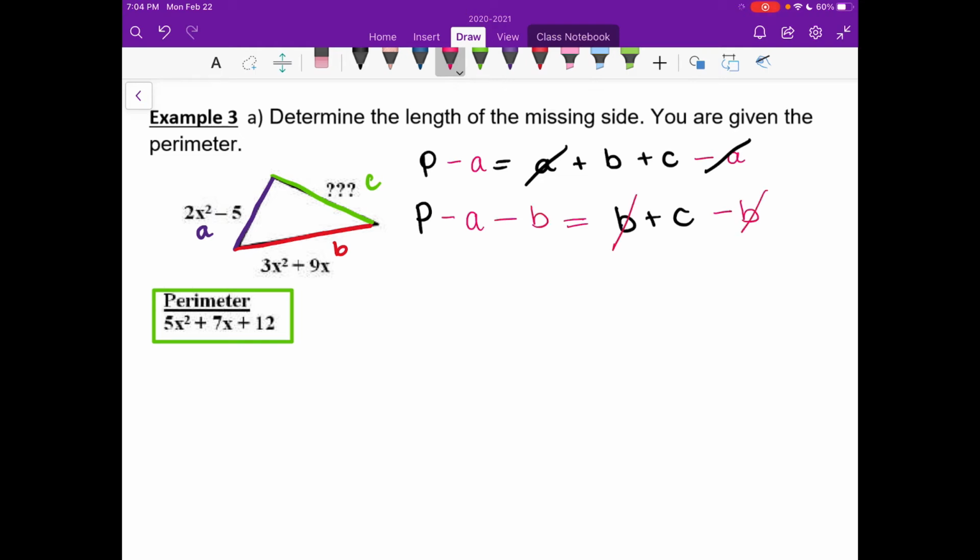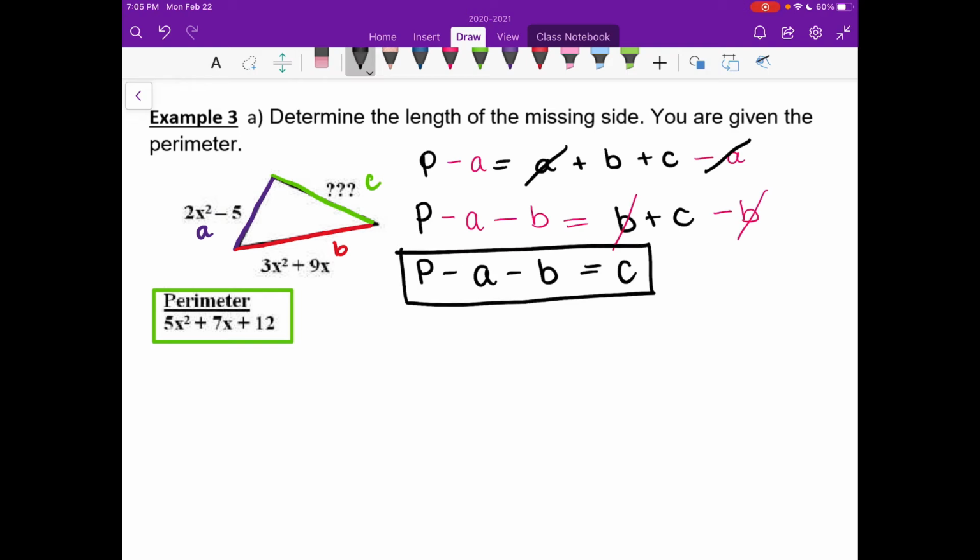Because this will cancel out, and whatever you do to this side, you have to do to the other side. So then I'm left with P minus A minus B is equal to C. And now I have an equation that solves for C, that tells me how to find C. Okay? So let's use that.